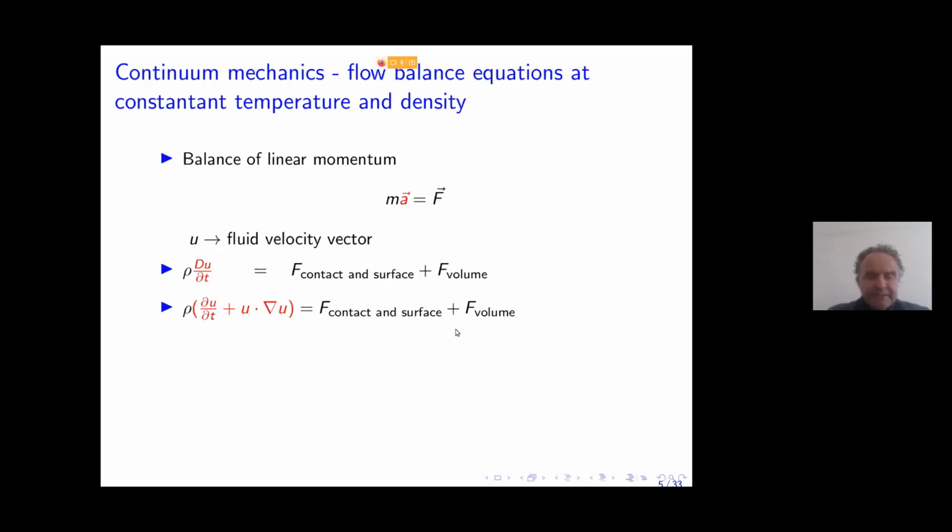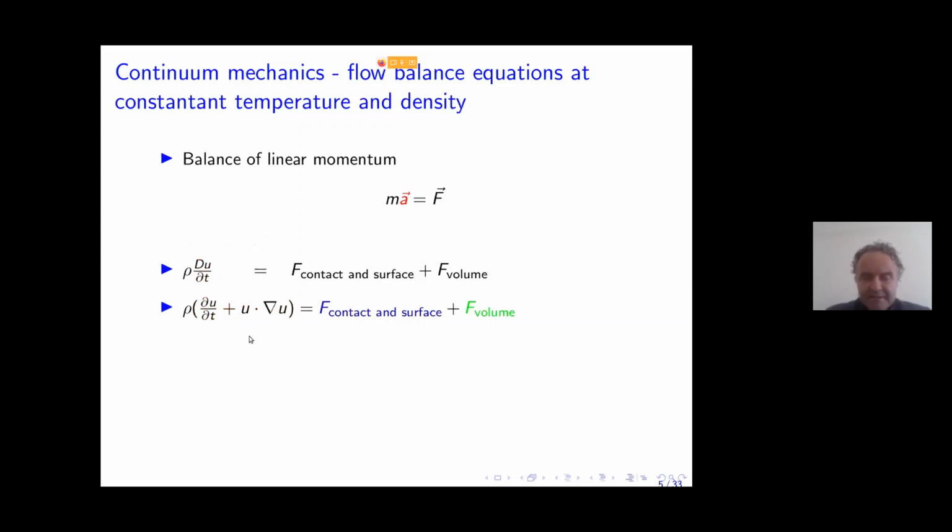So when we look at this material derivative of the velocity, and if we want to extend it to usual derivatives, we will need to consider the time derivative of the u itself plus the convective term.